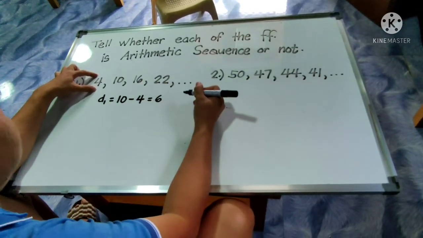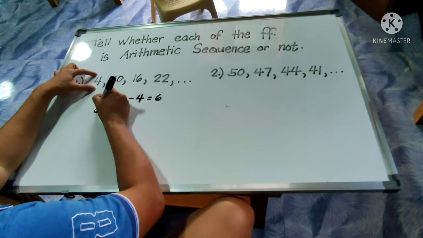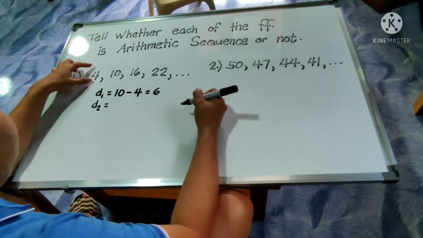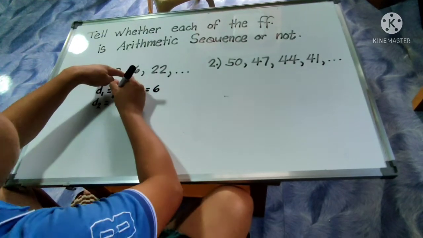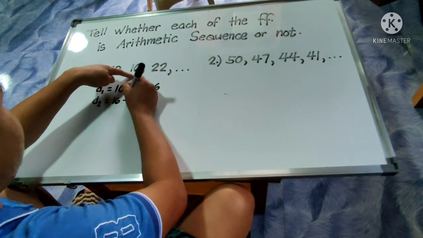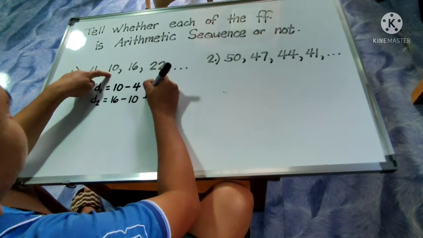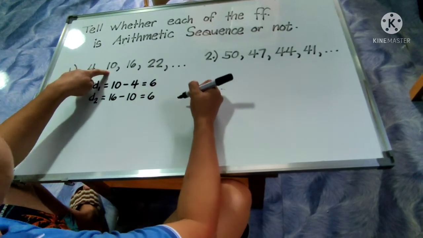That is our first difference. Proceed to the second difference, d sub 2. You have 16 minus 10, minus its preceding, is equal to 6.